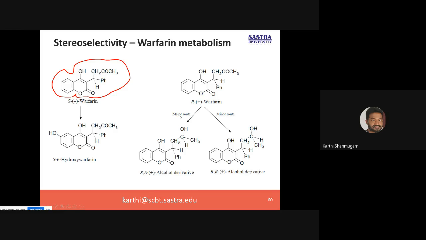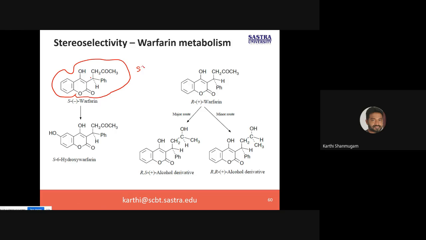Warfarin has a chiral center, and this point, what I'm labeling here, the dot, is the chiral carbon. Because of the presence of the chiral carbon, this molecule can exist in different structural forms.